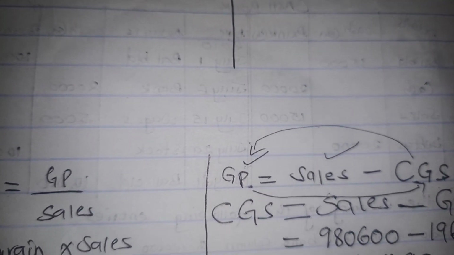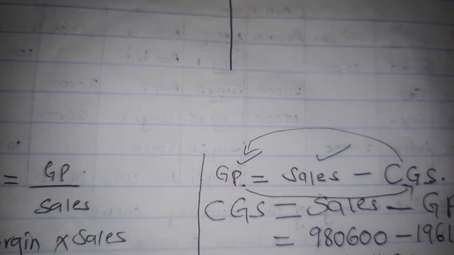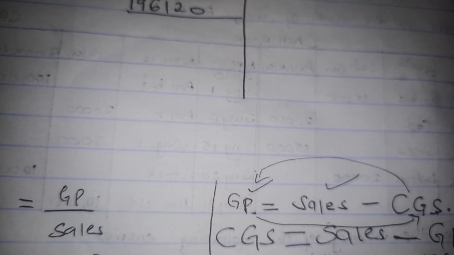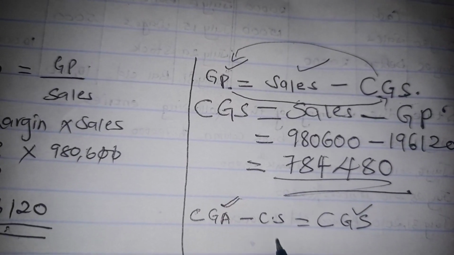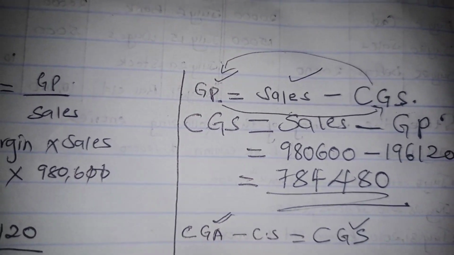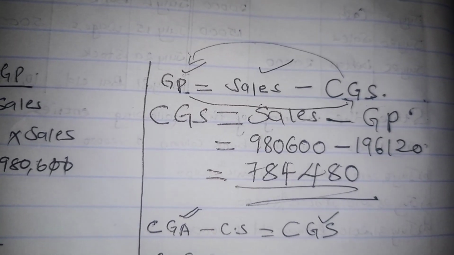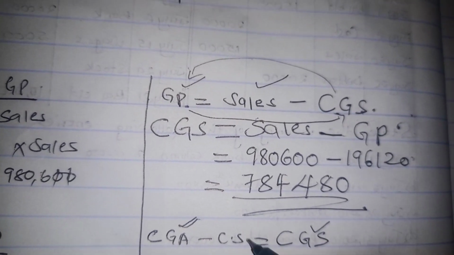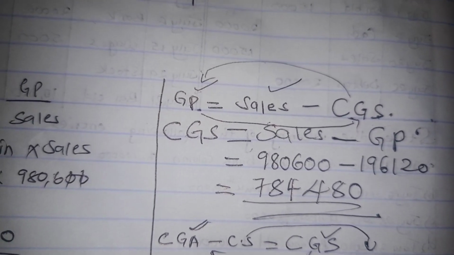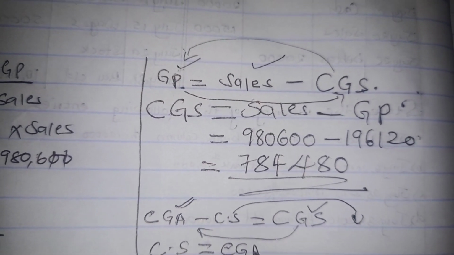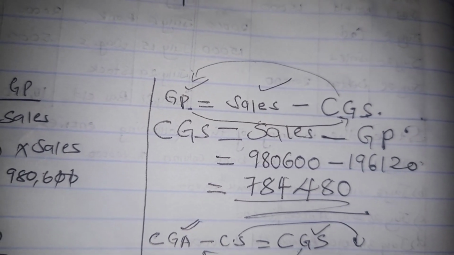So we have one unknown, and therefore our closing stock will be cost of goods available minus the cost of goods sold.